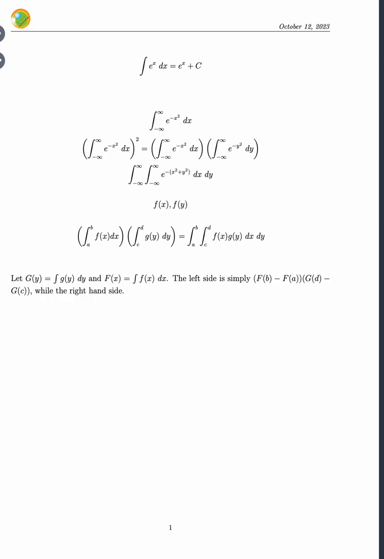Well, it is basically the integral from a to b of F of b minus F of a times g of y dy, right? Can you try to figure out why is that?